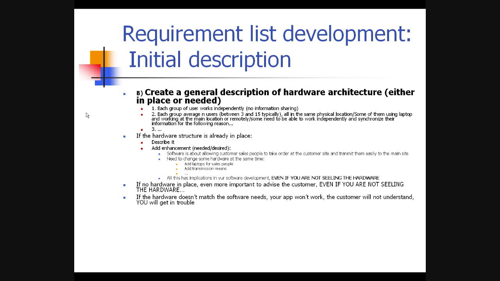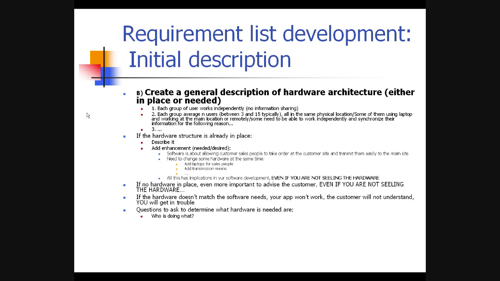Clearly, if the hardware doesn't match the software need, your application won't work. The customer will not understand why your application won't work. They are not in computers, and you will get in trouble. You're the one who has the absolute necessity to advise your customer. So the questions to ask to find out what hardware is needed are really about people.